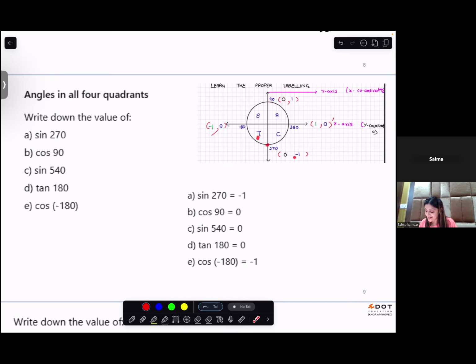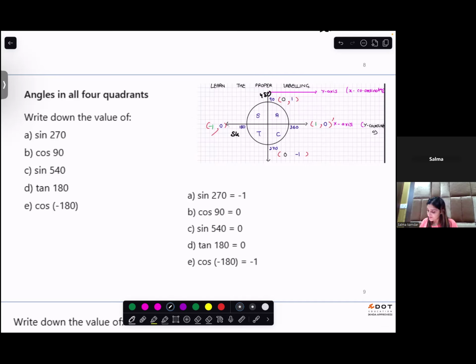Okay, here only the tan is positive. Sine 540. Now I don't know where 540 is. So this is the unit circle. I will keep on adding 90 to see where my 540 comes. So 360 plus 90 is 450, plus 90.